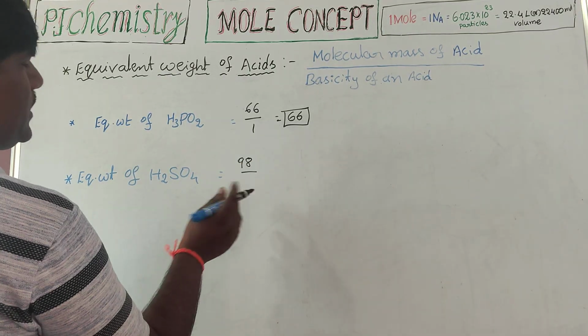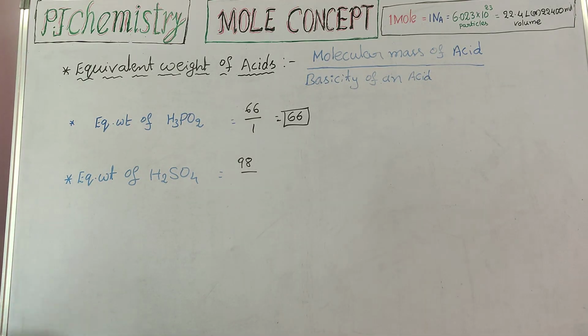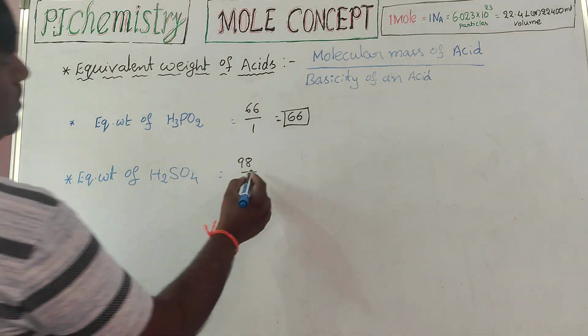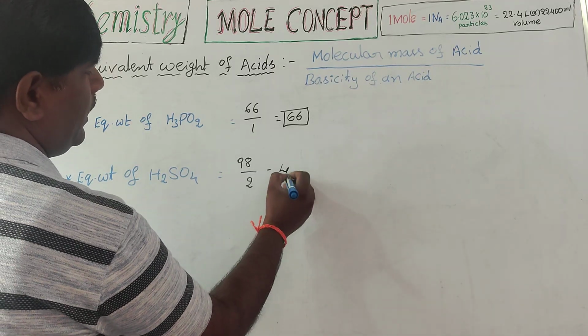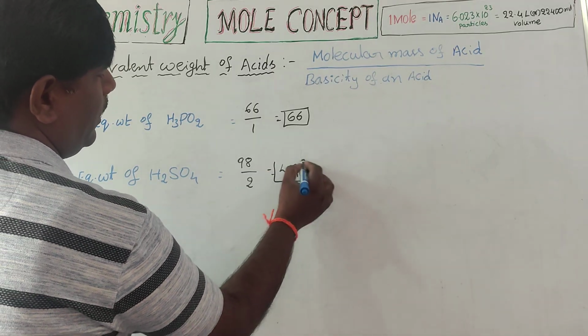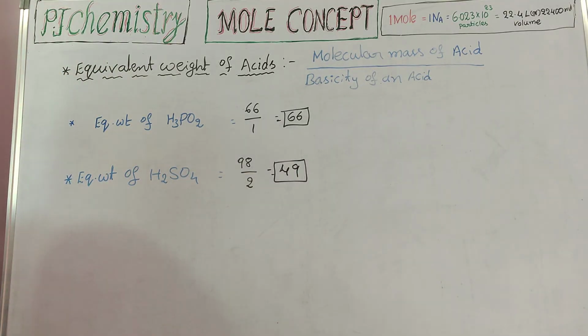Divided by the basicity of the acid: H2SO4 has 2 hydrogens with 2 oxygens, so 2. Immediately we get 49 as the equivalent weight of H2SO4.